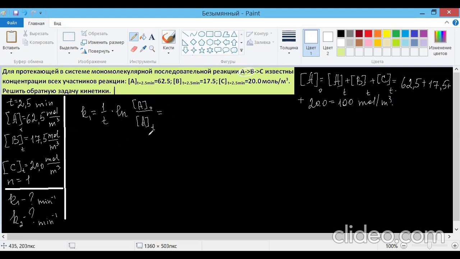So we've got all necessary magnitudes to do the calculations. Let's substitute them into the formula. We have just calculated the initial concentration.